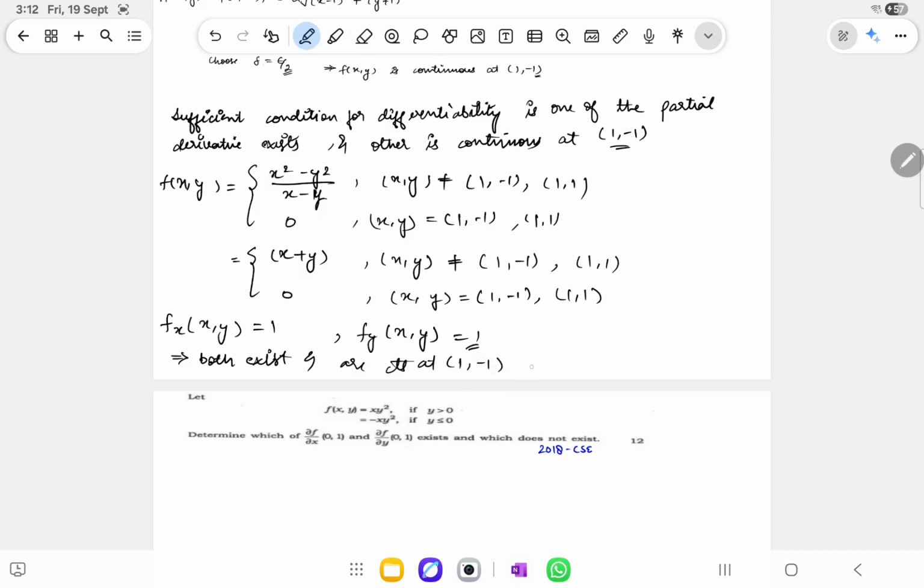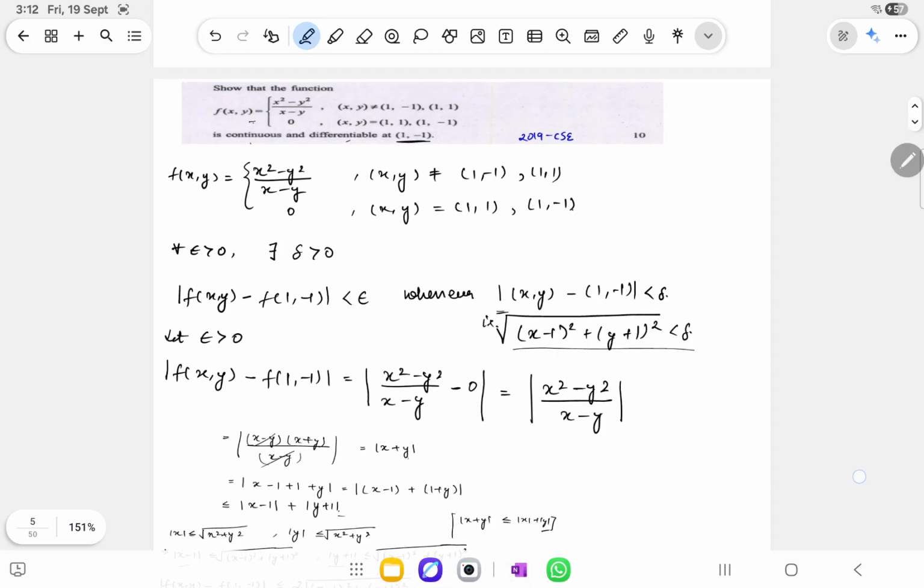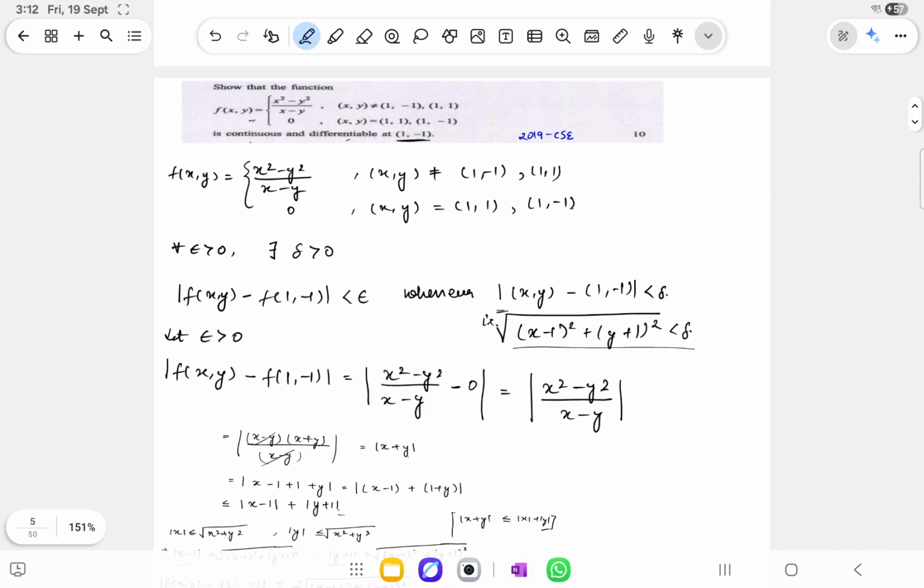So from both these things we can conclude that f(x, y) is differentiable at (1, -1). Yeah, so that's it. This proves this question. We were supposed to show that it is continuous and differentiable only.